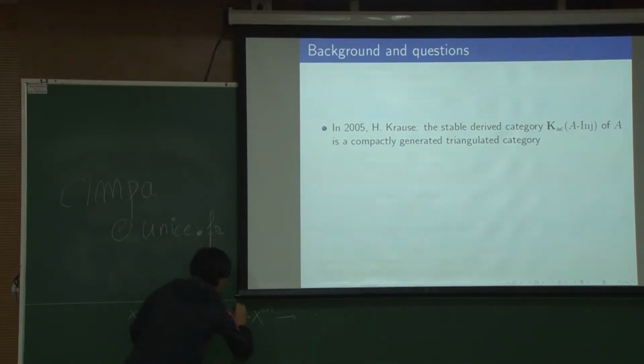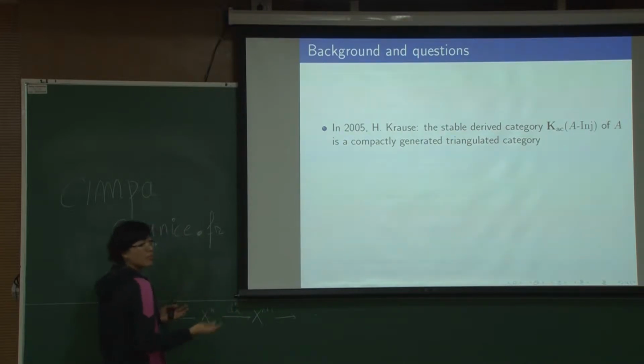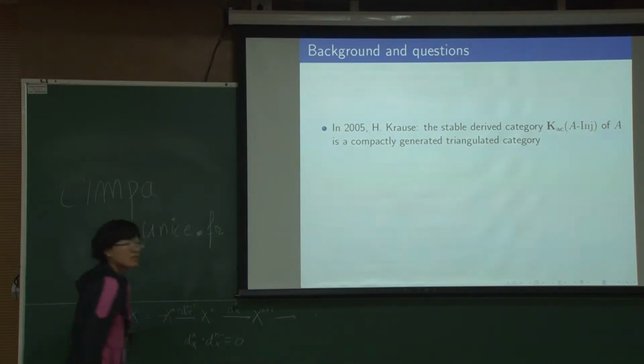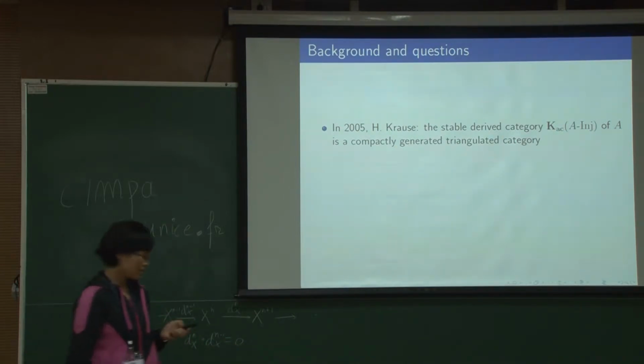And here we have the differentials d^n, which are morphisms of A-modules. It satisfies that the composition d^{n+1} d^n is zero. We call this sequence a complex.